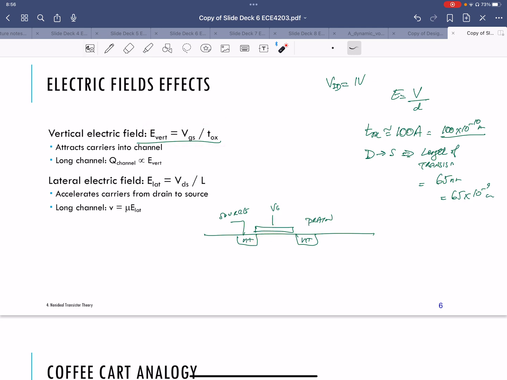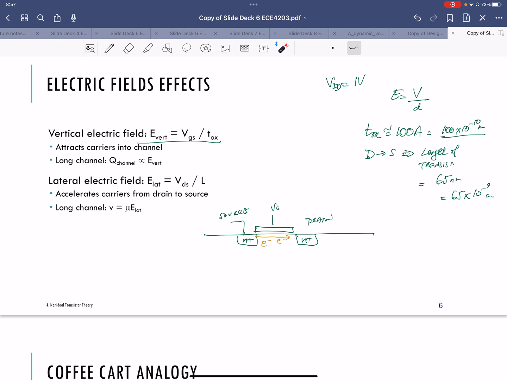And the reason why this causes a problem is because once this device starts working, the channel is going to be made out of electrons that are shooting across here. And what happens is a gate-source voltage that's very high in value, it's positive in value, and so it's attracting these negative electrons to the gate and to the surface of the silicon.